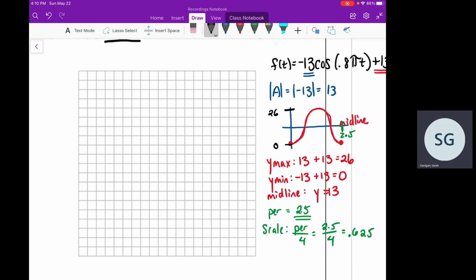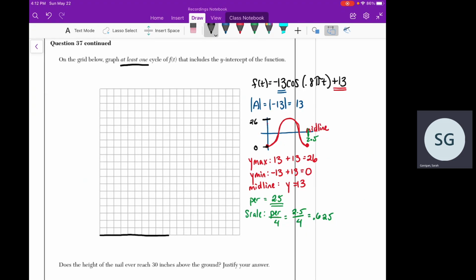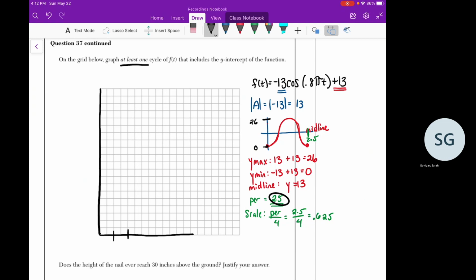So when I graph this, I have to set up my x and y axis here, x axis down here. You should use a straight edge, but I can't use a straight edge on the iPad. Okay, one cycle. My period is 2.5, so to make it nice, I'm going to make 2.5 here.